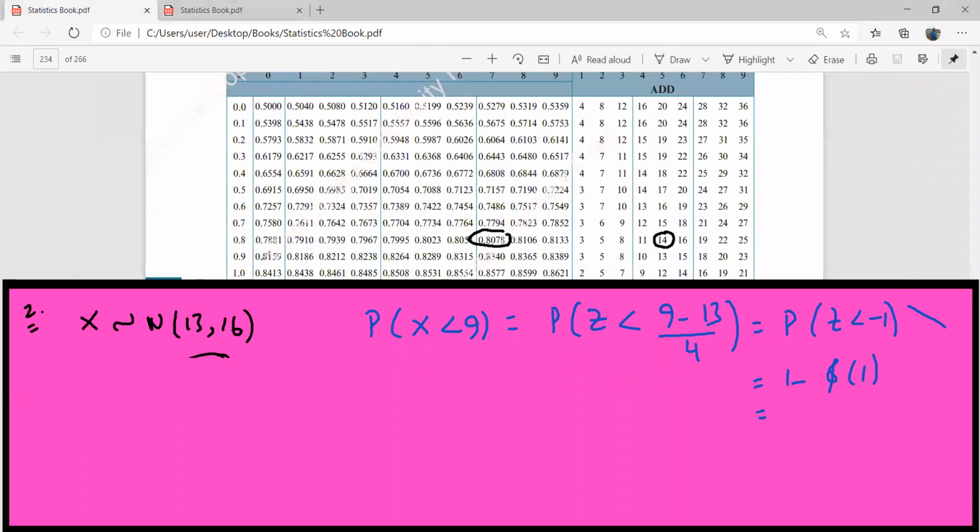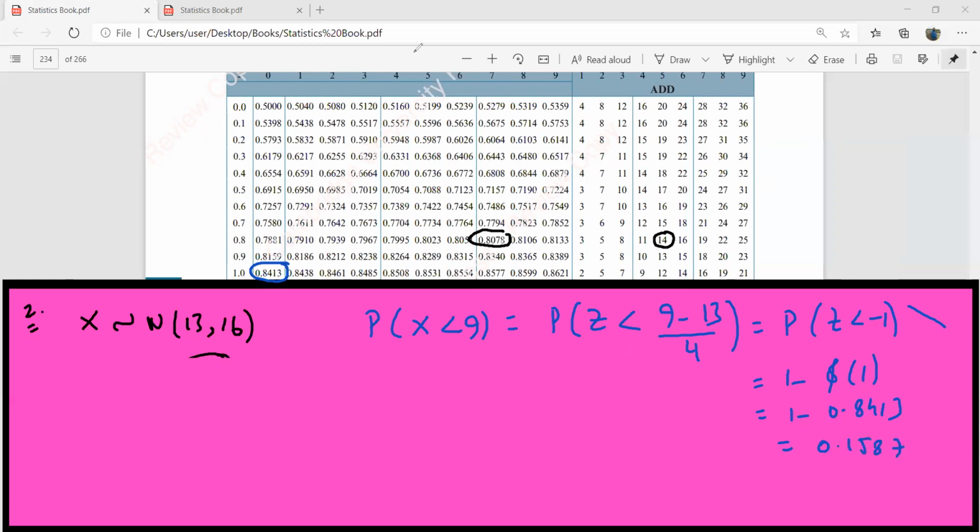Phi of 1, that means 1.00, is 0.8413. So 1 minus 0.8413 gives 0.1587.